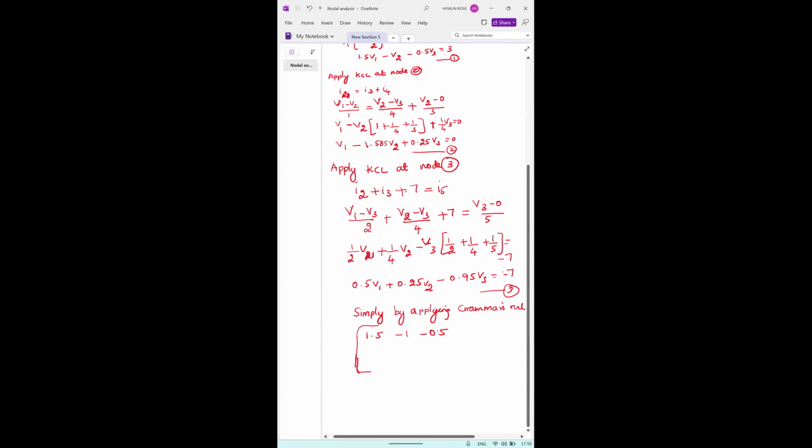Second equation: 1, minus 1.585, 0.25. And 0.5, 0.25, minus 0.95, into V1, V2, V3, equal to 3, 0, minus 7.